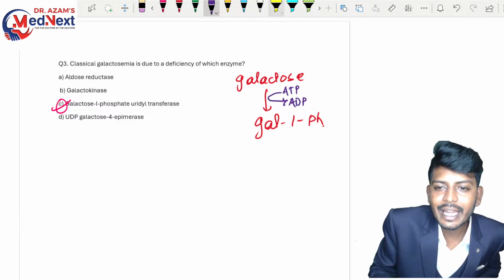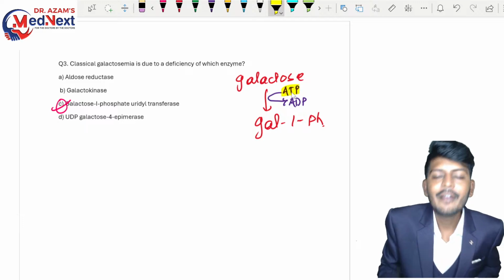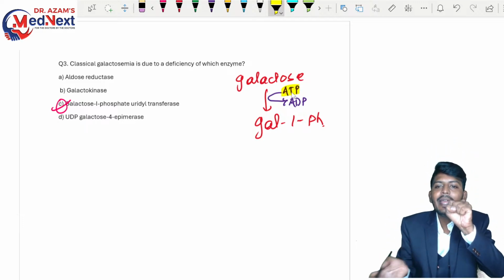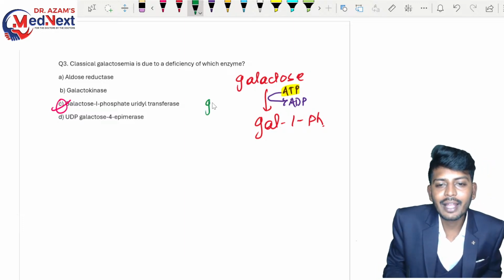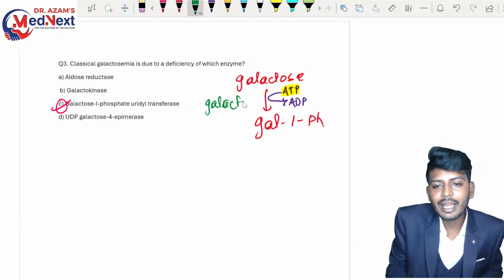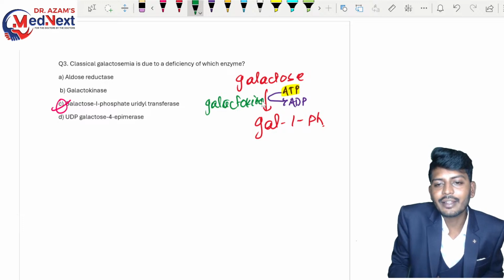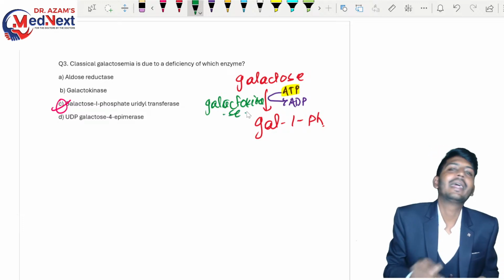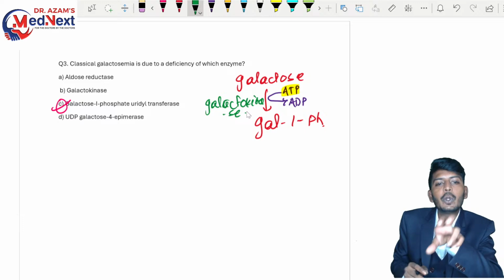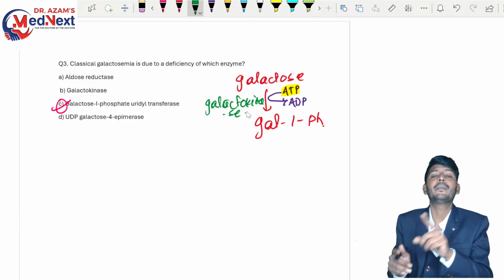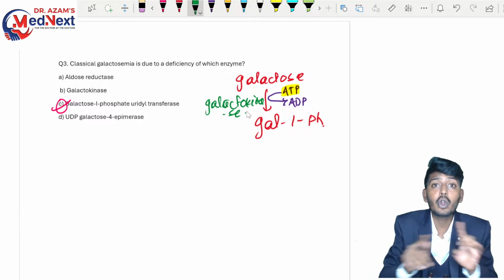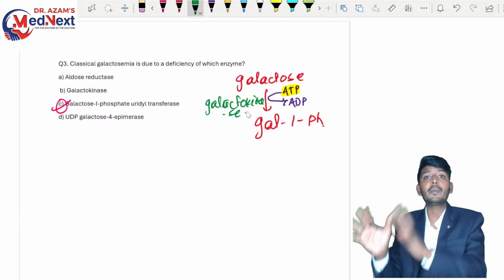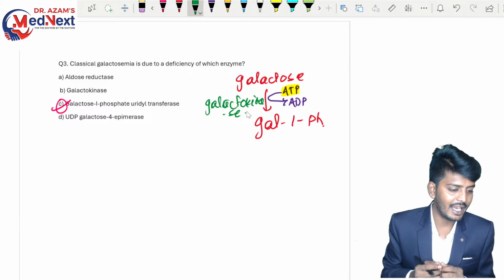We took one phosphate from the ATP and gave it to galactose. Automatically the enzyme name is galactokinase. Kinase is the enzyme which transfers a phosphate group from one molecule to another molecule. Remember, not within the same molecule. Only then do we call it a kinase enzyme.